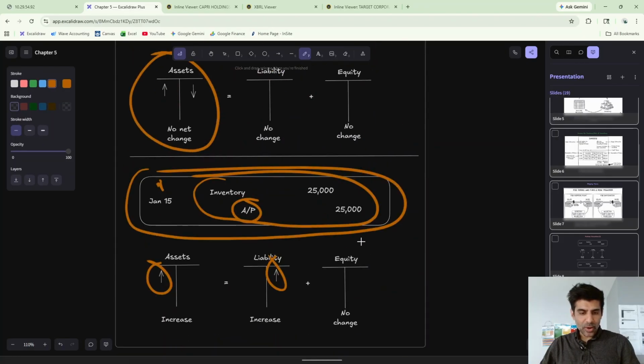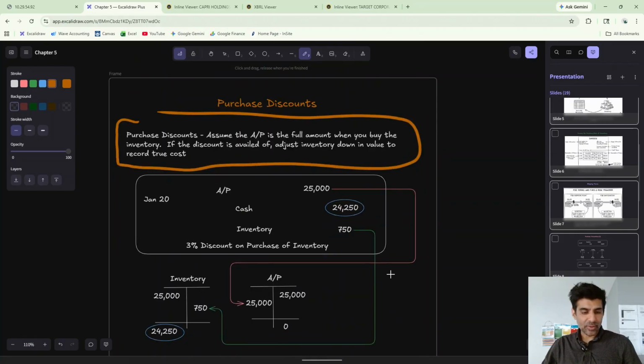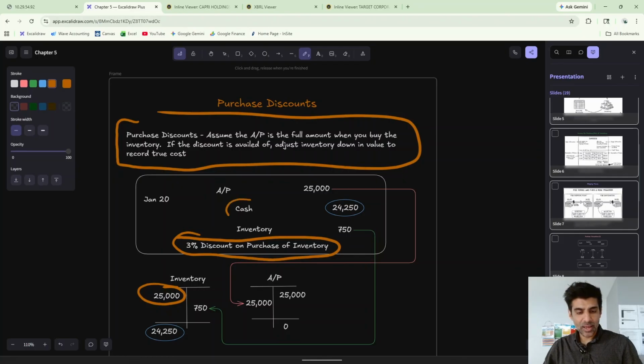So I guess we're now clearing this out. We've made this account payable, and now we're going to pay it off, and we're going to get a discount. We're assuming that we get a 3% discount. When we initially bought the inventory, we accounted for the full value of it, 25,000. But we're not actually paying 25,000. Look, we're getting a little discount. This is the amount of cash that we're actually transacting.